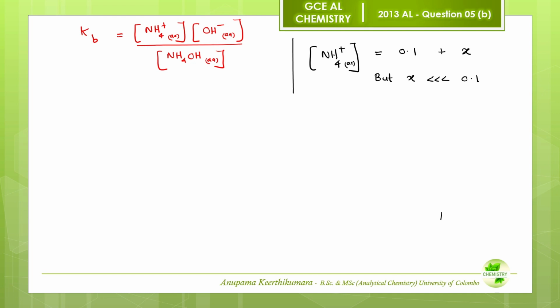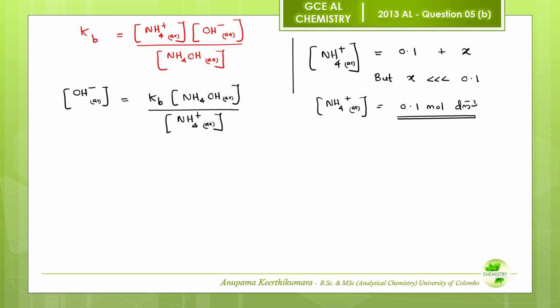Therefore, the concentration of ammonium ions in the beaker is 0.1 moles per cubic decimeter. Before substituting values, we can rearrange this equation. OH minus ion concentration equals Kb times ammonium hydroxide concentration, divided by ammonium ion concentration. Now, substitute values into this equation.